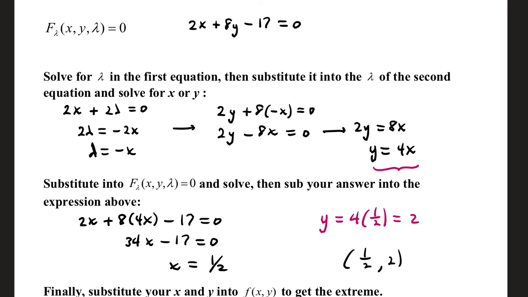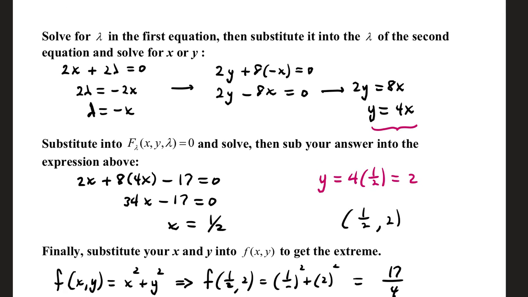Solving for x, we get x equals 1/2. After you figure out what x is, you go right back to the step above. If we plug 1/2 in for x, then that tells us y has to be 4 times the half, which is 2, giving us the ordered pair 1/2 and 2. X value first, y value second.